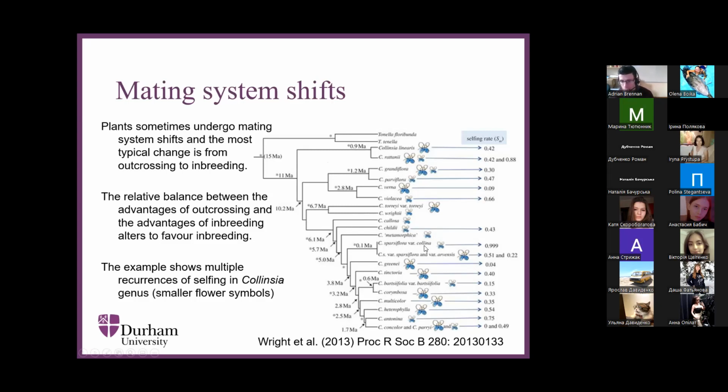You can see a lot of closely related outcrossing-selfing pairs here, but the relatives tend to be outcrossers. That reflects the fact that there are frequent switches from outcrossing to selfing over evolutionary time, but also that they don't appear to last very long. They tend to be quite young changes.